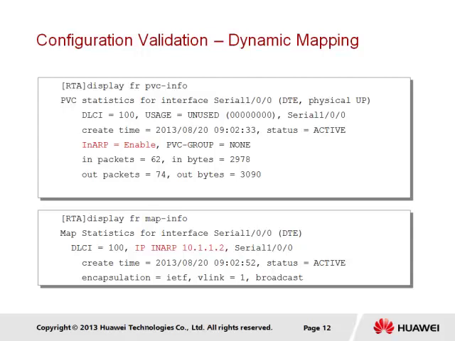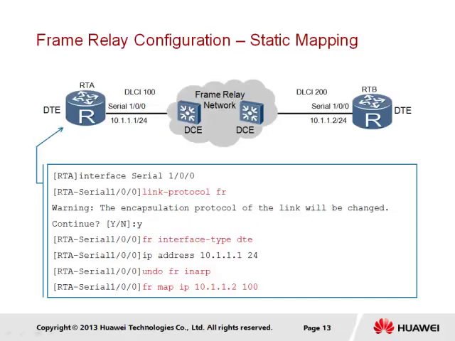If, however, the status is found to be inactive, the current configuration parameters between the DTE and DCE should be checked. We are able to alternatively perform static mapping of any frame relay virtual circuits. As with the dynamic mapping, the same parameters for establishing the link layer protocol as frame relay and the establishment of the interface type on the local router as DTE should be performed.